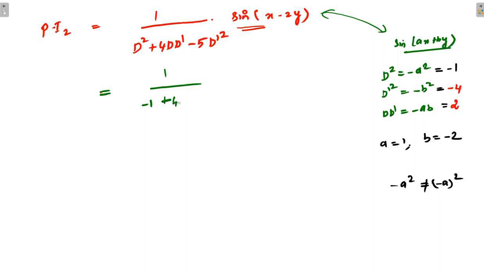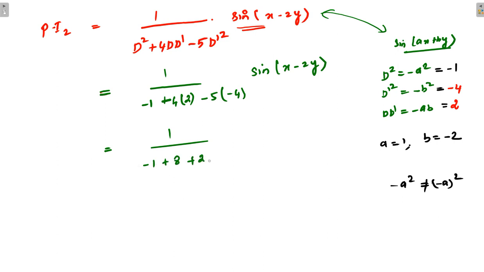So plus 4 into d dash is nothing but 2 minus 5 into minus 4 sine x minus 2y, which is equal to 1 by, if you multiply you may get 20 sine x minus 2y, which is equal to sine x minus 2y divided by 27.